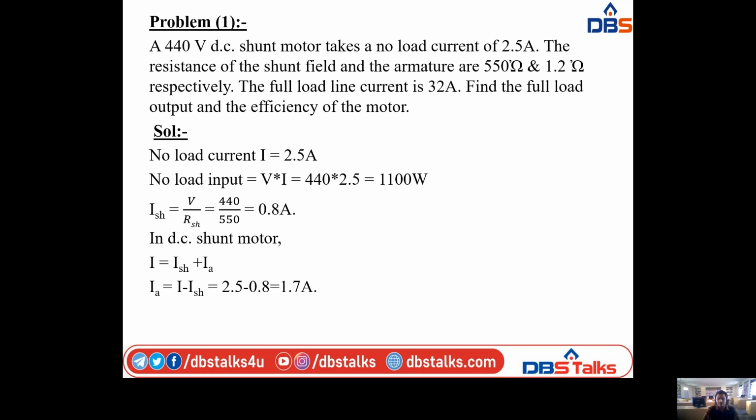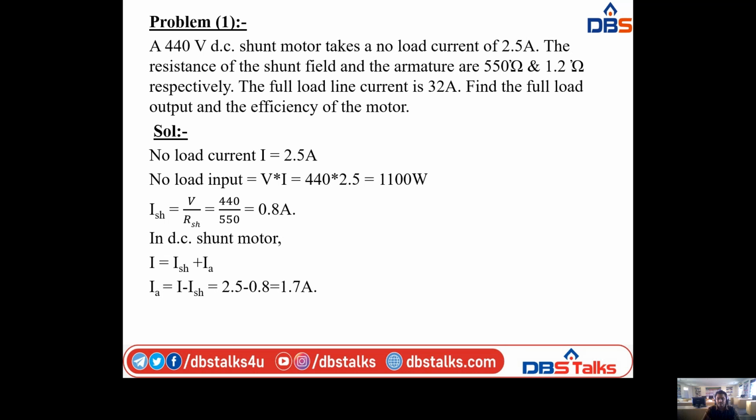In a DC shunt motor there is a relation: I is equal to ISH plus IA. That is, the current in the motor is equal to the combination of shunt field current and armature current. We rewrite this equation as IA is equal to I minus ISH, to calculate the armature current.